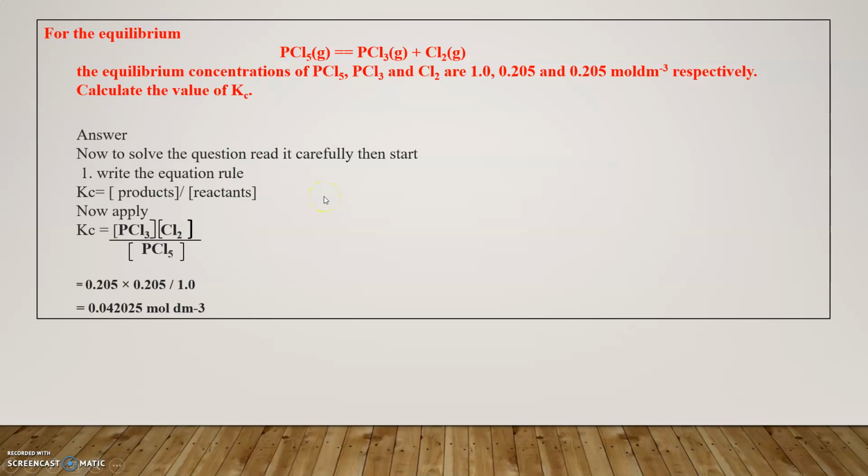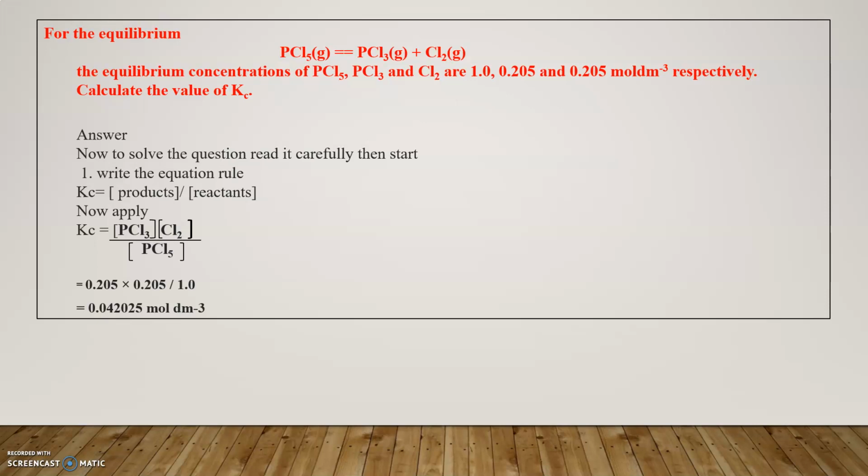So let's check the other one. Okay, this is another example just to calculate the equilibrium constant. Let's take a look at the question. Here you have pentachlorophosphate, PCl5, that gives trichlorophosphate, PCl3, plus chlorine. The equilibrium concentrations of PCl5, PCl3, and Cl2 are 1.0, 0.205, 0.205 mole per dm cube respectively.